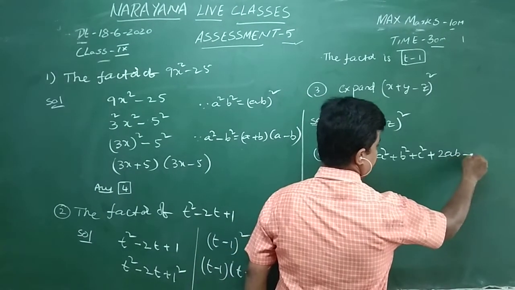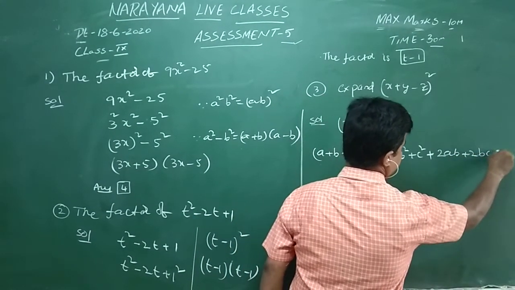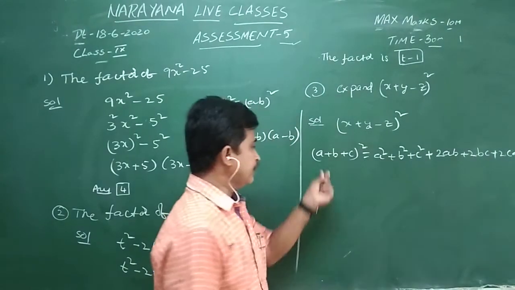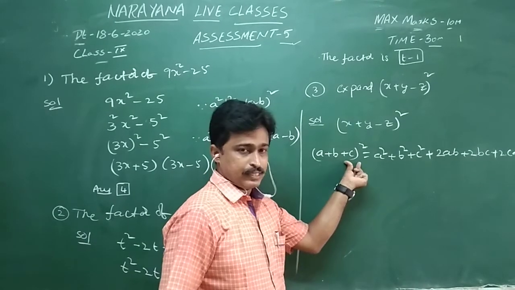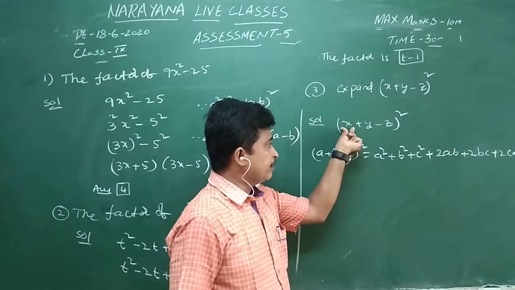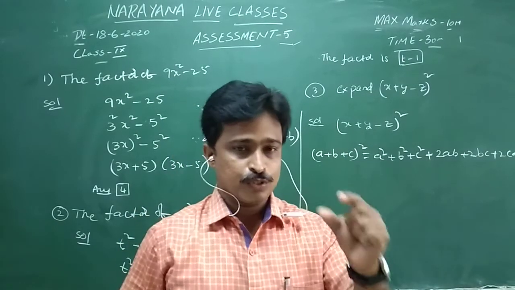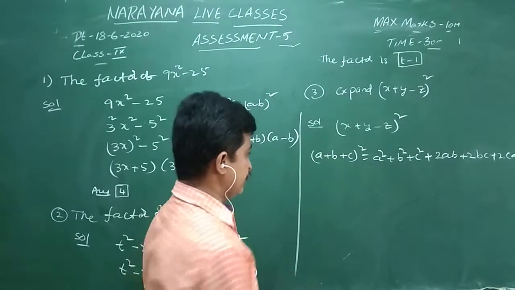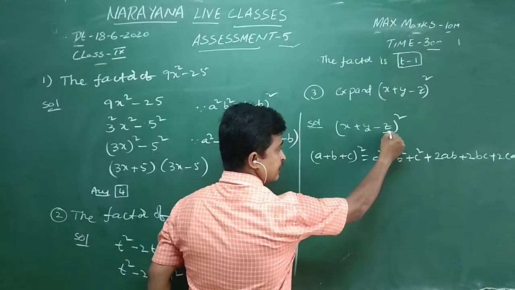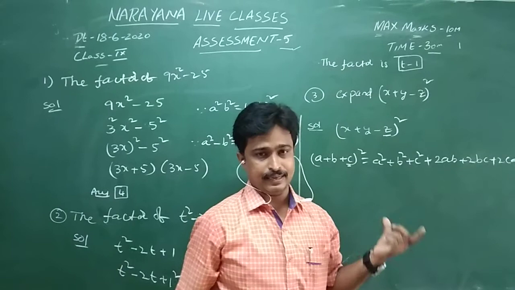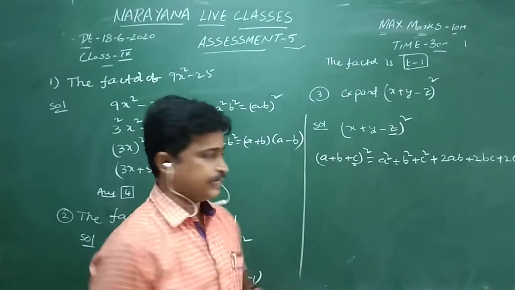Here observe, this is a plus b plus c. In the above problem, x plus y minus z, there is a negative sign before z. So, compare z with c. Where there is c, keep minus here.